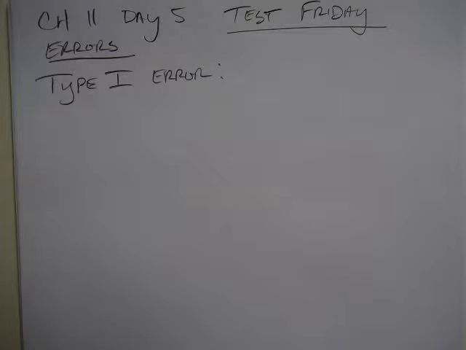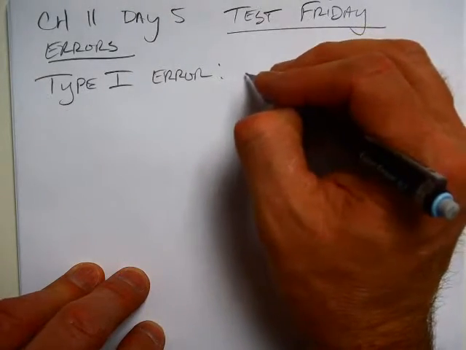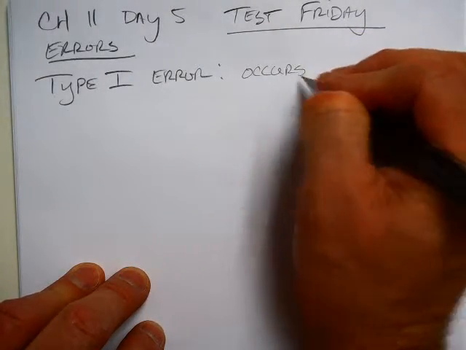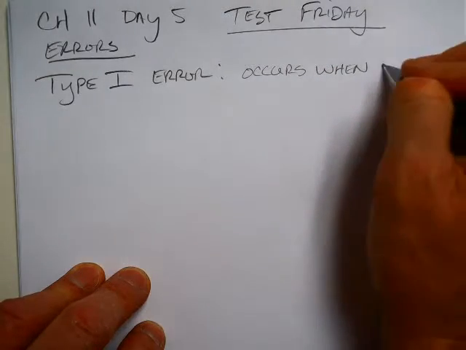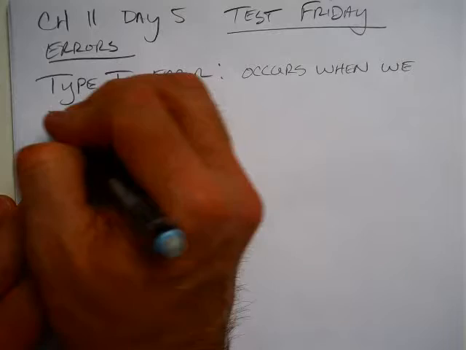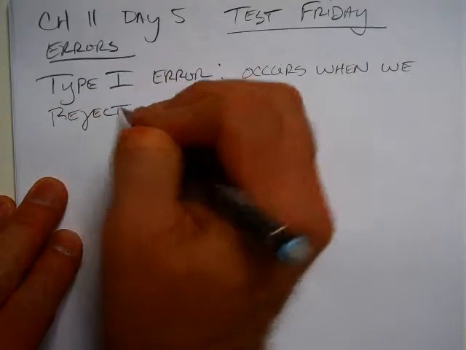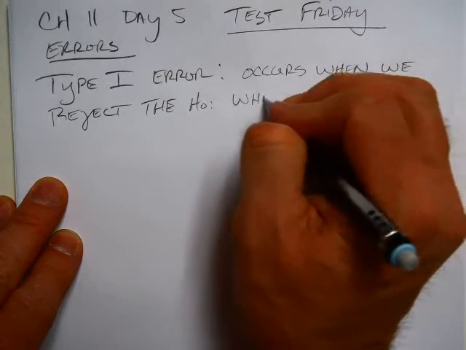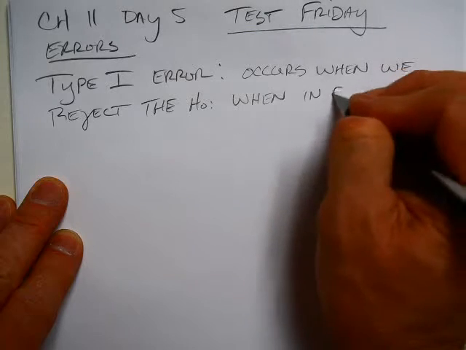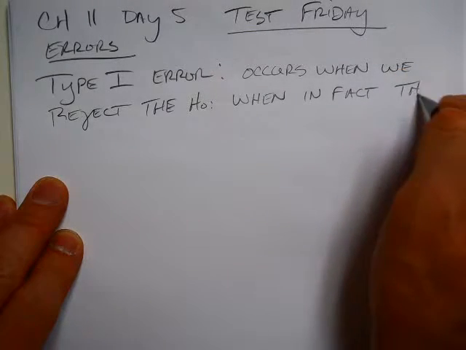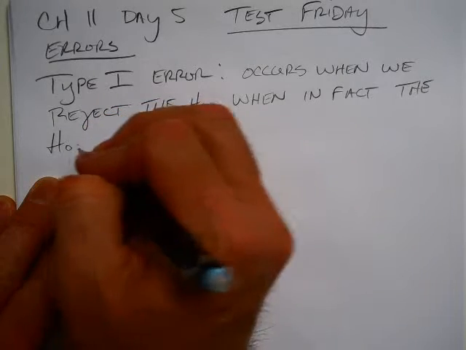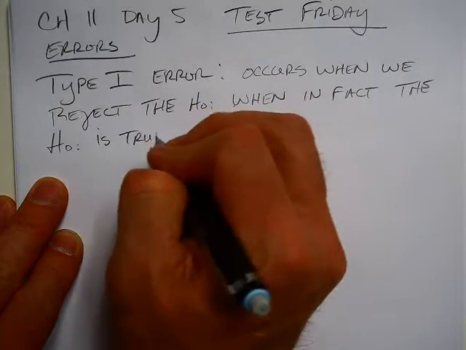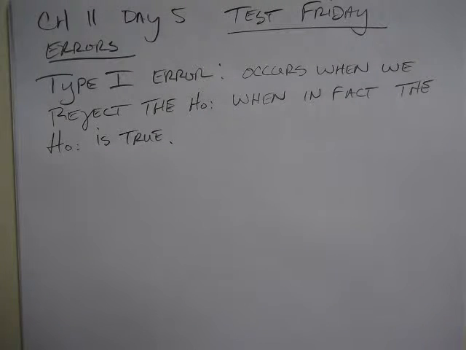Type 1 errors occur when we reject the null, when in fact the null is true.